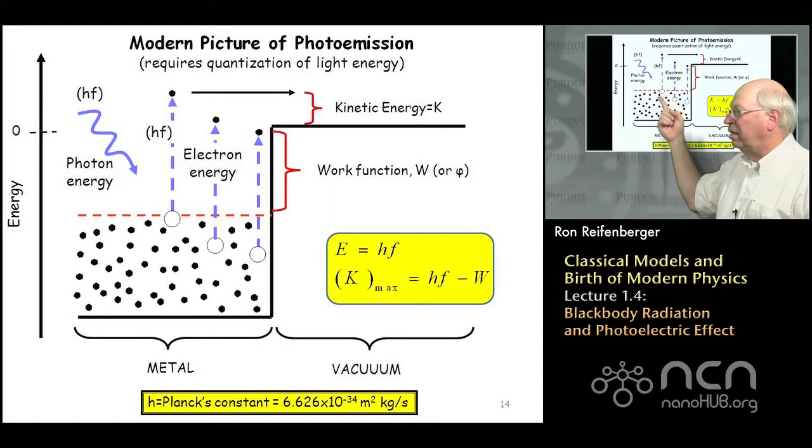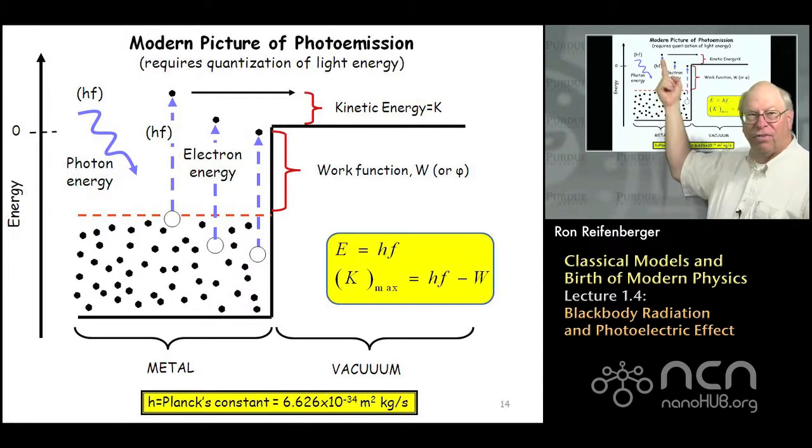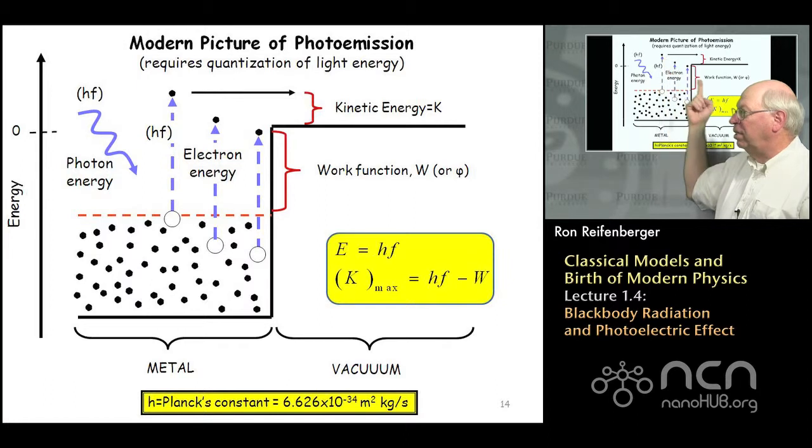The electron on this diagram would then change from some initial energy down here to some final energy up here. The height of this vertical transition is just the photon energy, hf. If this final state electron has an energy that overcomes this work function barrier phi, then that electron can escape from the metal into the vacuum.